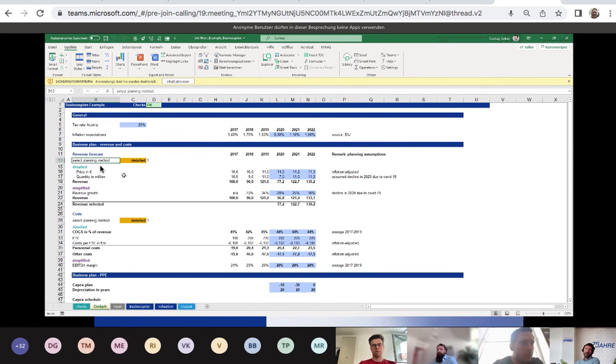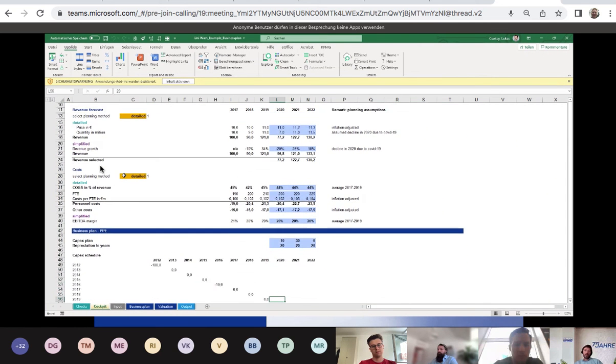I have both methods as shown in the presentation: a detailed one, in this case with just one product with prices and quantities, and a simplified one with just some growth assumptions. I have a certain cost level defined, or I could do it in a more simplified way by just assuming a certain EBITDA margin.